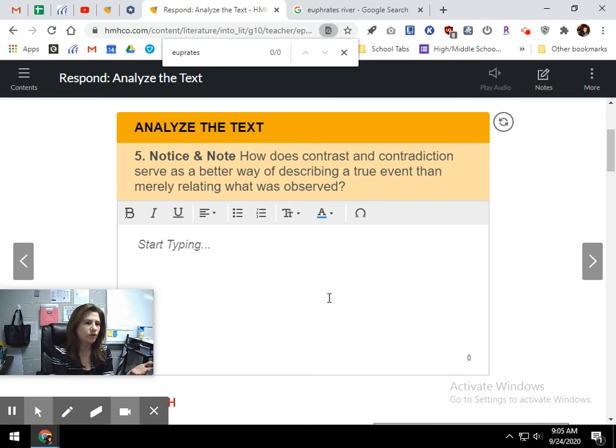What if she had just described it in ordinary details versus the way she did describe it, which was by contrasting it with other things that you might know of and making contradictions, saying it wasn't like this, it was like this. So how does her use of contrast and contradictions describe this lunar eclipse better than if she had just described it in everyday, ordinary terms? Okay?